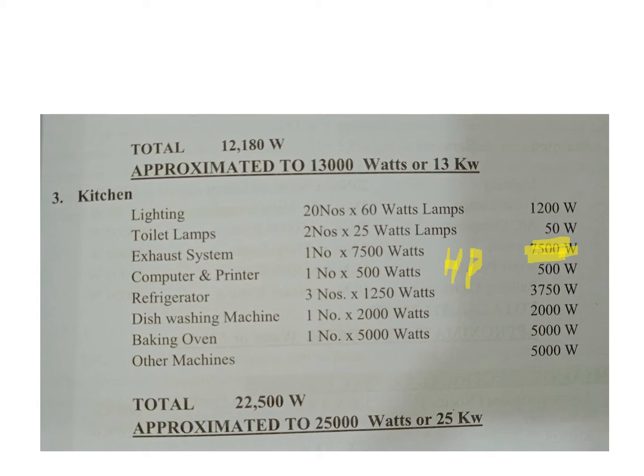So this is roughly 10 horsepower of exhaust system that they have considered over here. And then you have the printer that you require, refrigeration, dishwashing machine, baking oven, other machines, all of this together, you have a requirement of about 22,500 watts. You're rounding it off to 25 kilowatts.